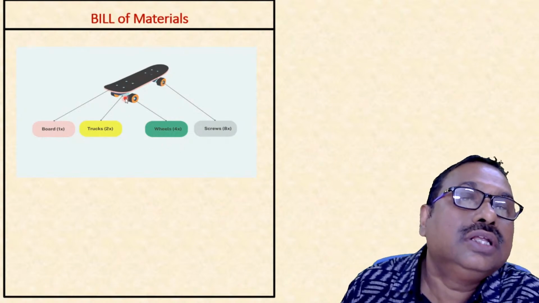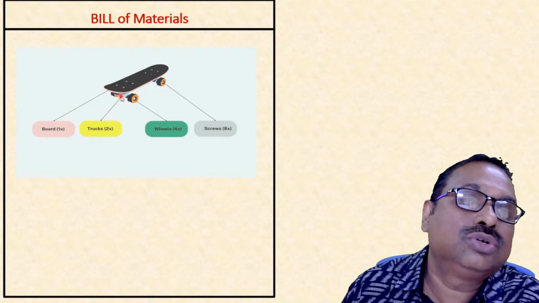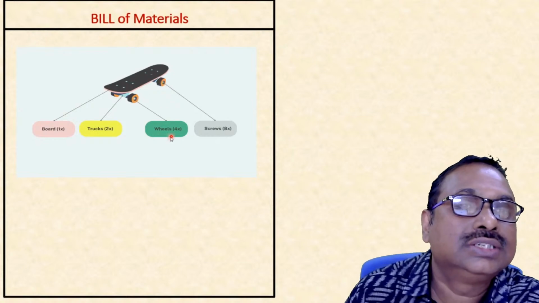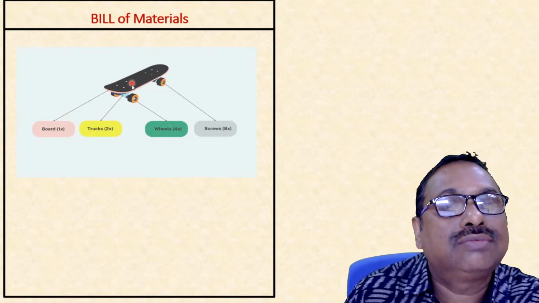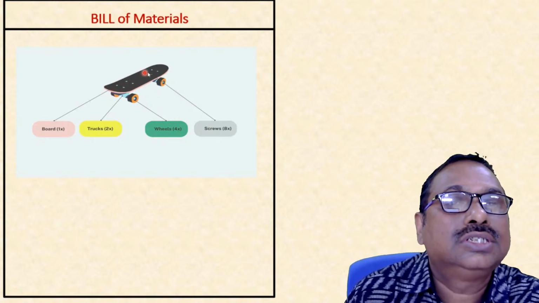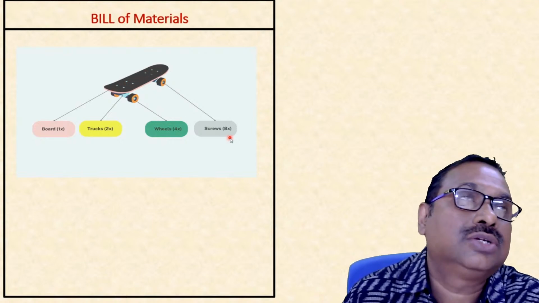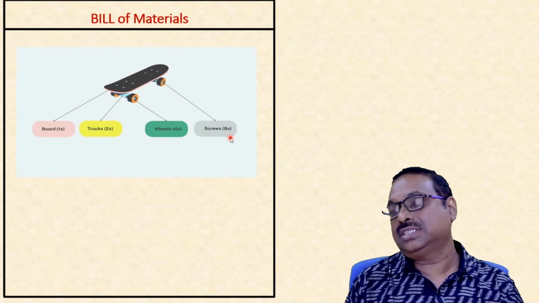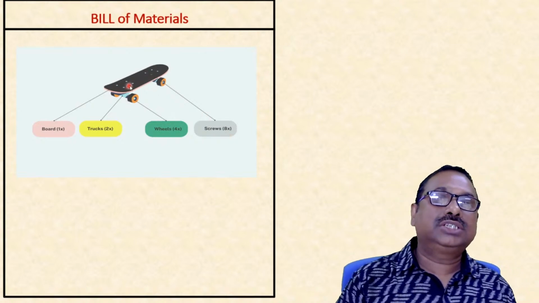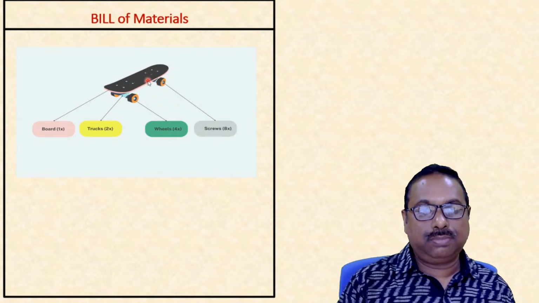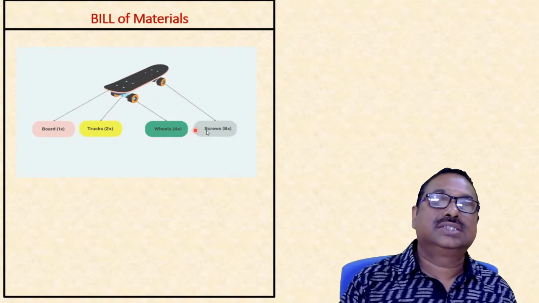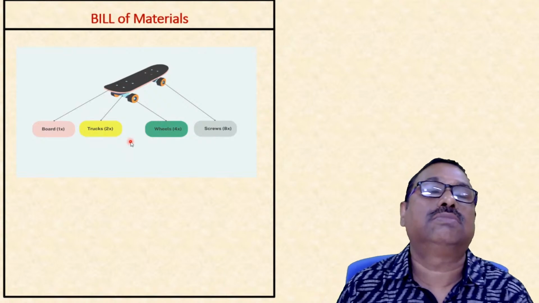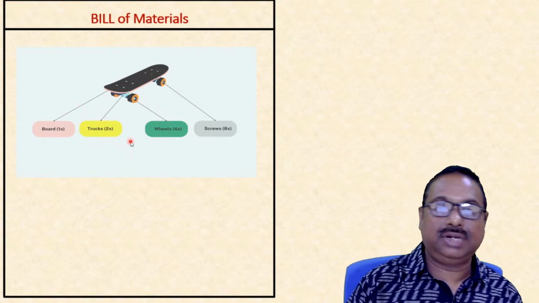Then each truck has 2 wheels, so 4 wheels. And here you have 4 screws, and here you have 4 screws, so total 8 screws. So this is called bill of material. That means to manufacture one of these, you need these items in these numbers. So this is the bill of materials.